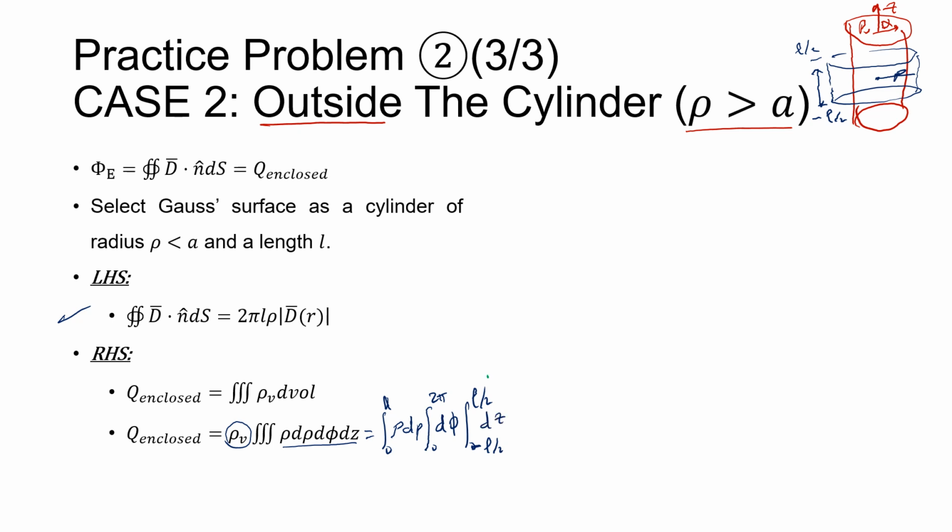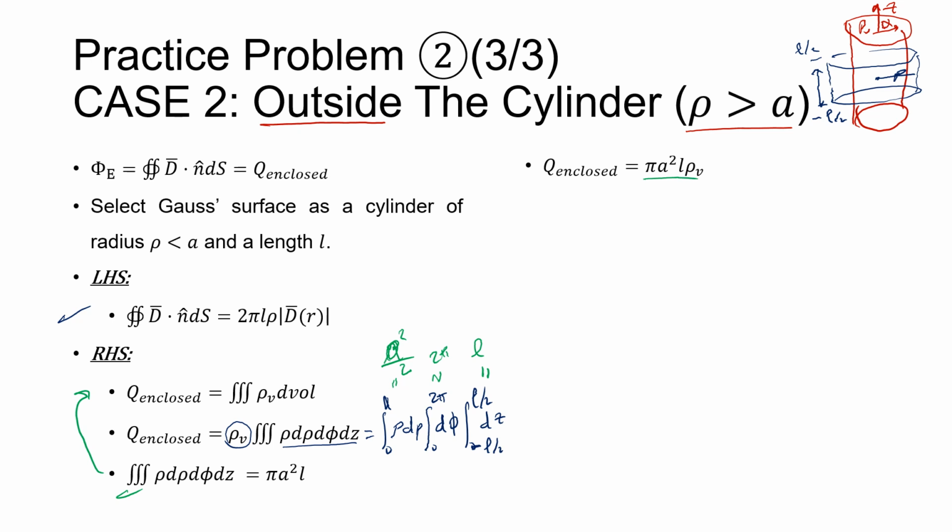The last one will equal L at the end. This one will get 2 pi, and this one you get a squared over 2. Substituting, you get the integration equal to pi a squared L, and substituting with rho v, you get pi a squared L rho v.